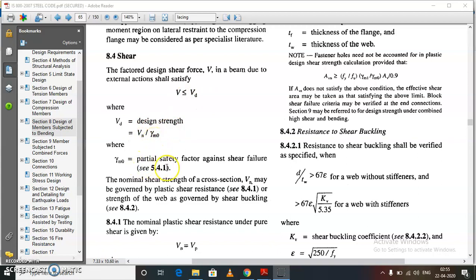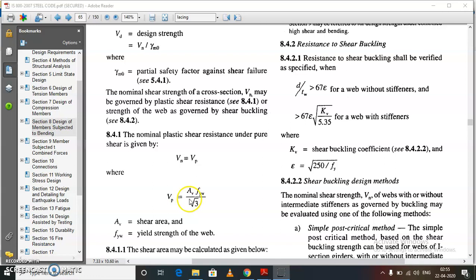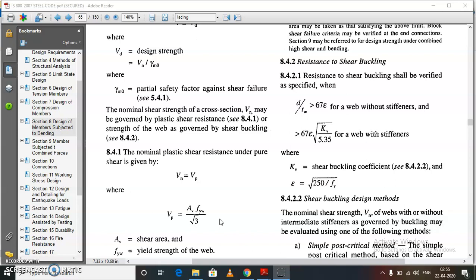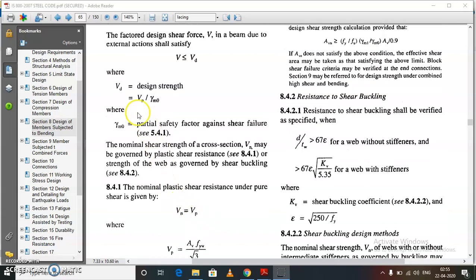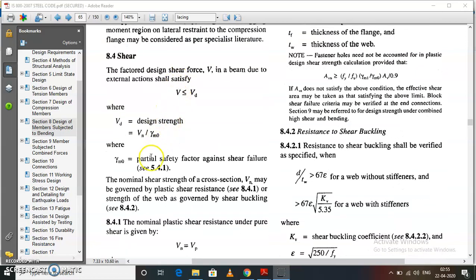Gamma M naught is the partial safety factor against shear failure, and Vn is equal to Vp, that is equal to Av Fyw by root 3. Av is the shear area and Fyw is the yield strength of the web. So we have to calculate the Vd value from this equation, that is Vd using Vn by gamma M naught.